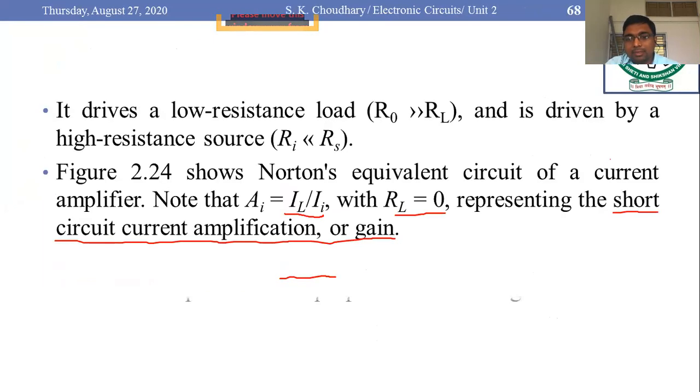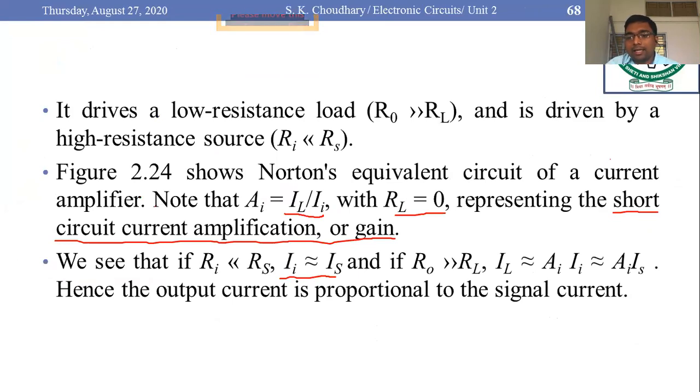That is mentioned here. So IL is equivalent to AI Ii. We know that Ii is equivalent to Is. So IL is equal to AI Is. Means output current is proportional to the signal current. This is the second kind of amplifier.